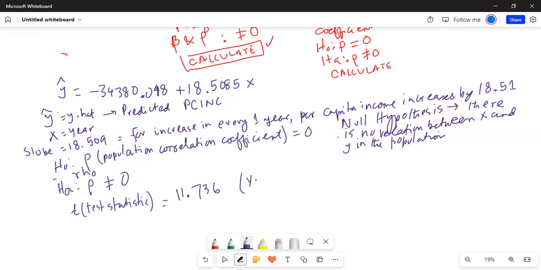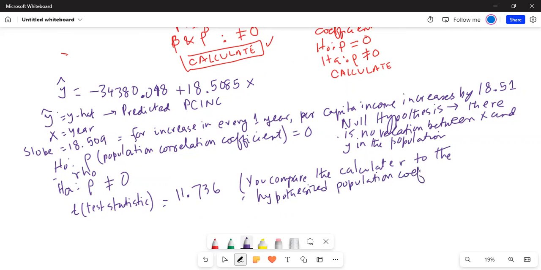You compare the calculated R to the hypothesized population correlation coefficient value of 0 in terms of standard error.